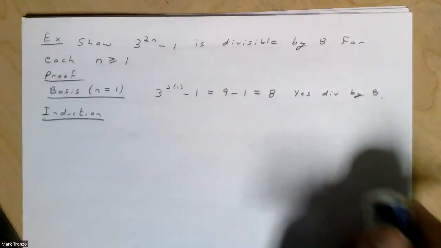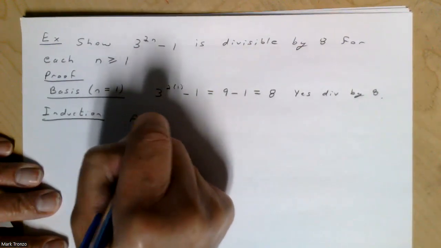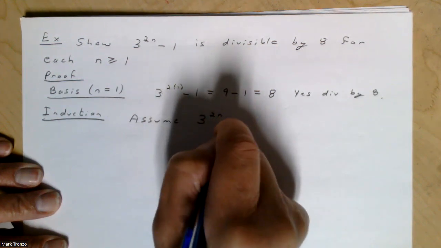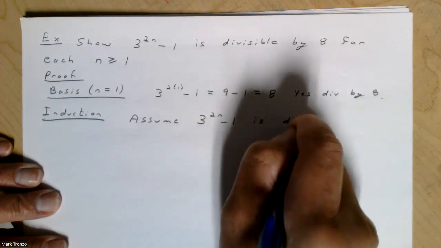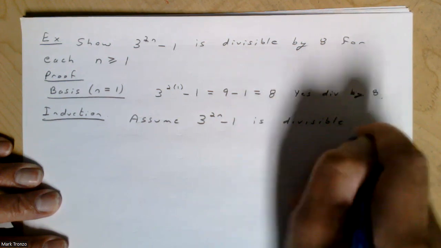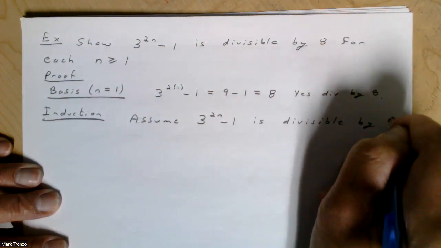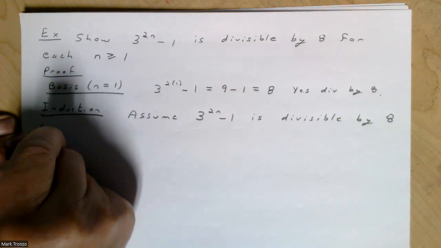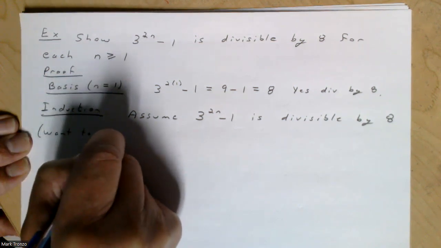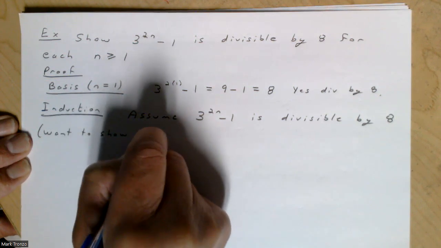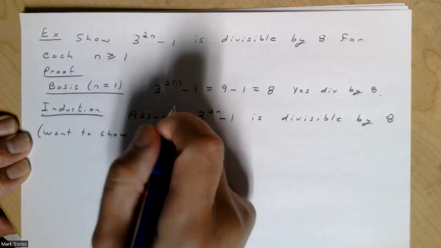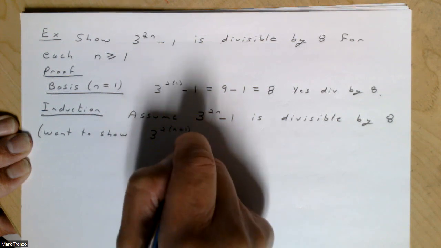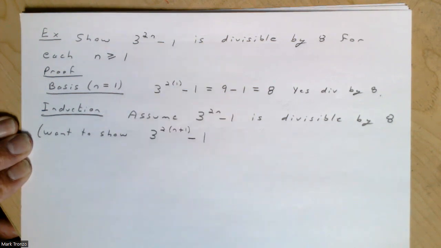Assume that's divisible by 8, and we want to show, remember we have to replace n with n plus 1, that this is divisible by 8.